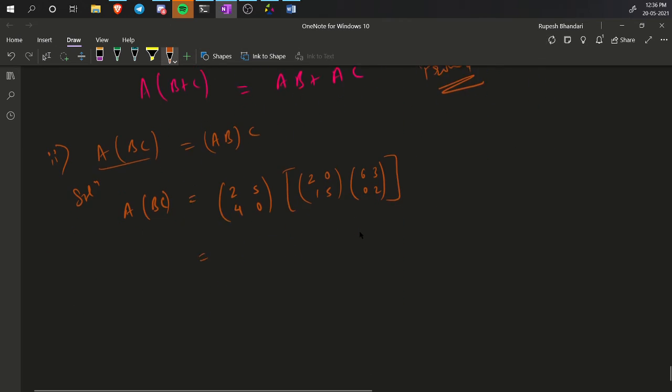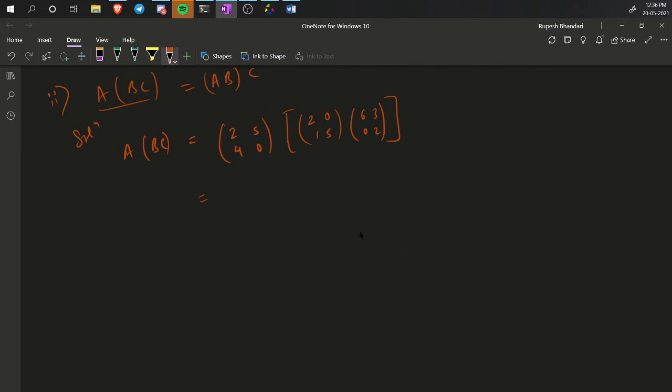So after this, what we can do is just keep this as it is. First of all, let's just solve for this guy. 6 times 2, 12 plus 0 into 0. Then 6 plus 5 into 0. And then after that, what about this thing? 2 times 3 is 6 plus 0.